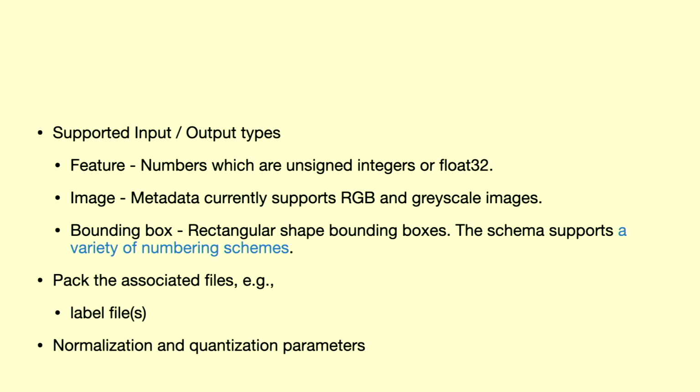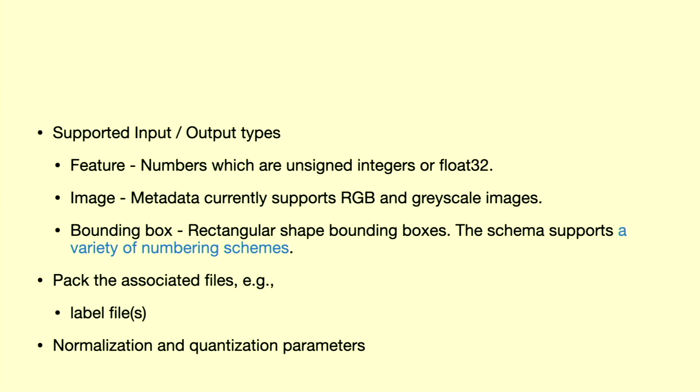So if you have tried to run a classification model before, you probably know that label files are not usually included in the TFLite model before metadata. So you have to prepare them separately.